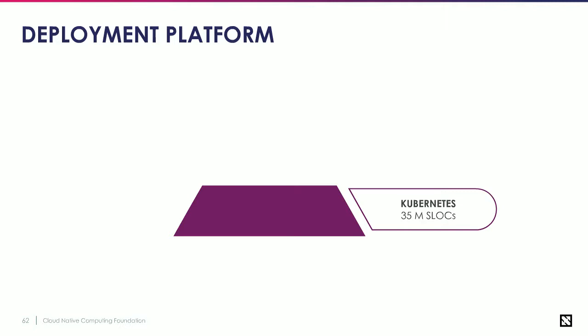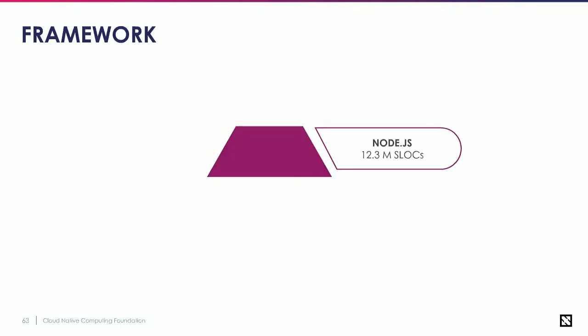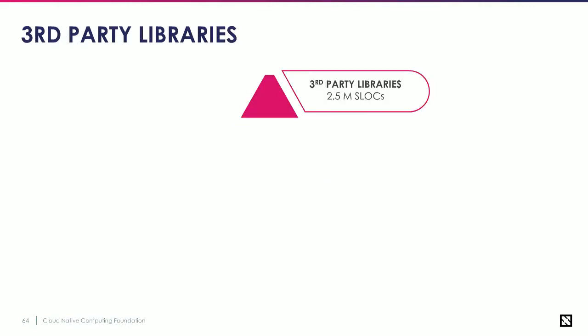Now, for all the software I'm showing here, I want to point out that we're not using every line of code for our installation, but somebody is for theirs. So it's a Node.js app. Node.js is 12.3 million SLOC, which is 70% the size of Linux. And then, as with almost all Node apps, we depend on a ton of third-party libraries, such as Webpack and Babel.